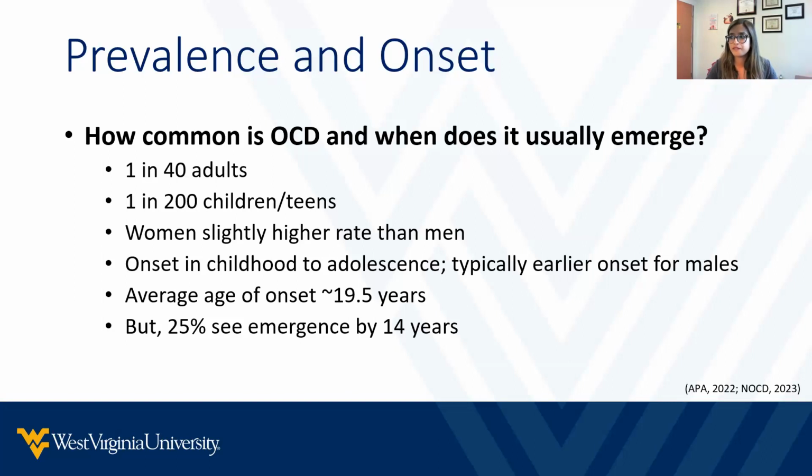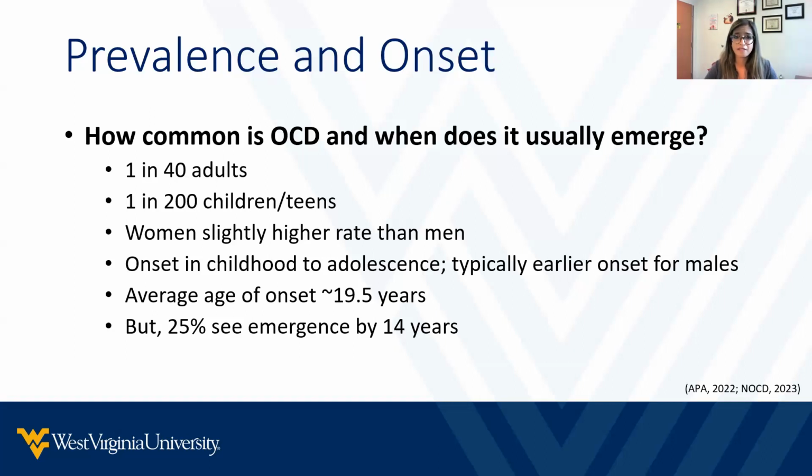I have worked with 10-year-old boys, and I've also worked with 18-year-old boys with OCD. And I've worked with 13-year-old girls and also 19-year-old girls with OCD. But the average age of onset is about 19 and a half. Although I would say about a quarter would see emergence by about 14 years. In middle to late adulthood, you really don't see onset there.